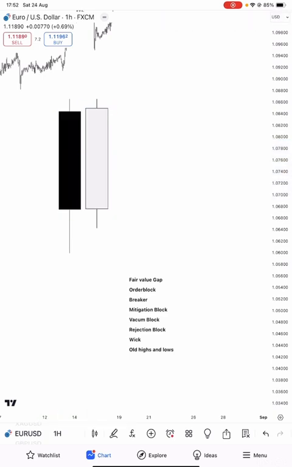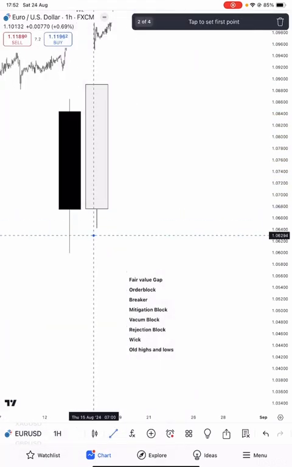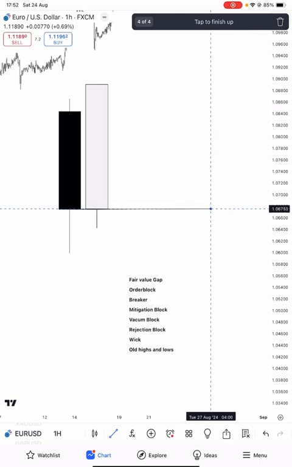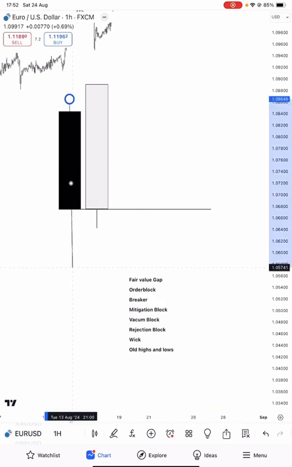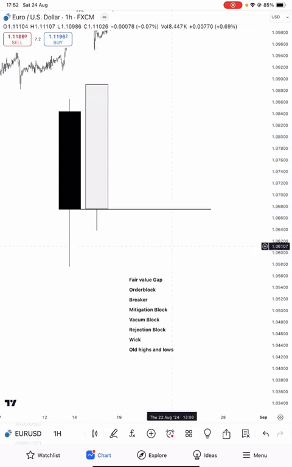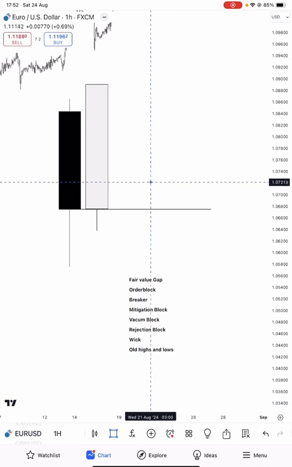Intricacies of, okay, this is a bullish rejection block. Now, as I said, rejection block, you know what they are. If there is any type of long wick below, you expect a rejection block, because wicks are inefficiencies.